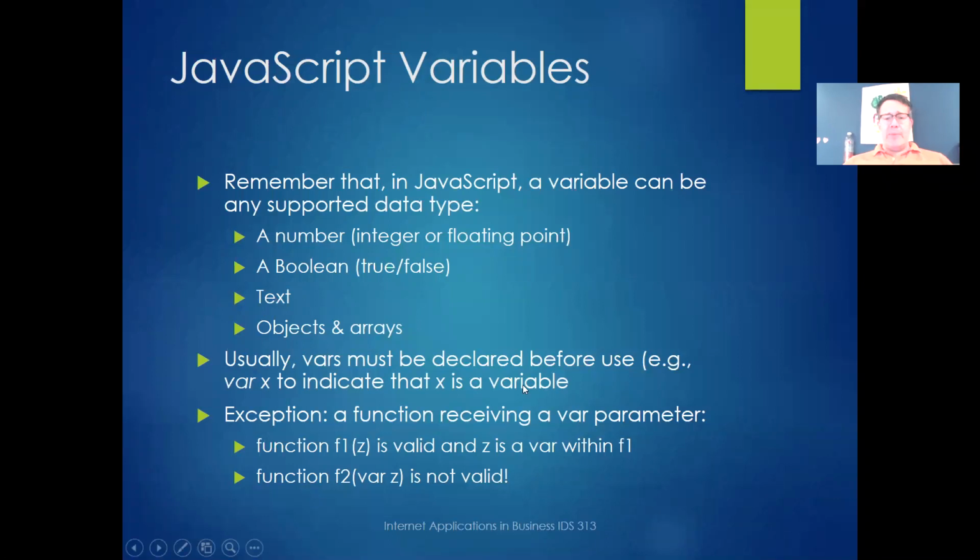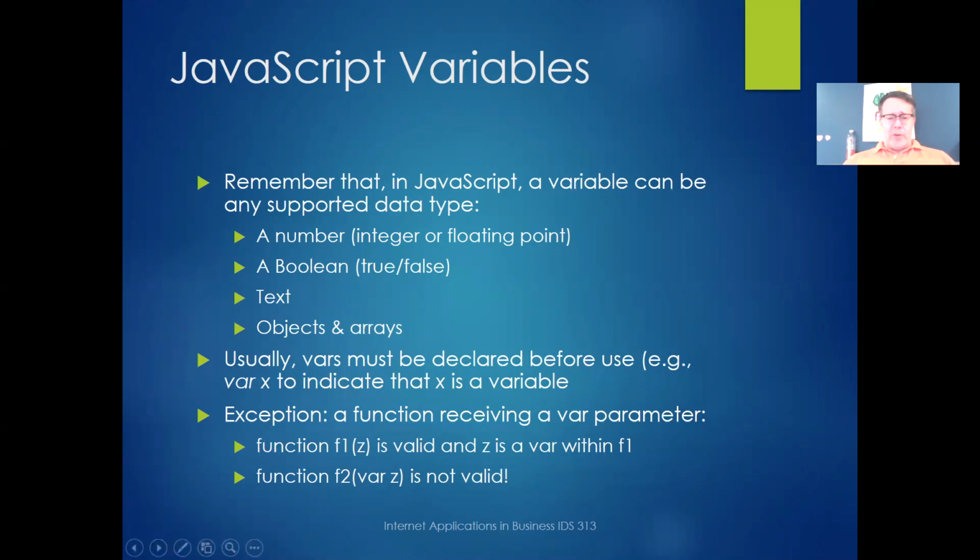Now, usually vars must be declared before they're used, right? So var x indicates that x is a variable. Ta-da. The exception is if a function receives a parameter. So you may recall from Java, or those of you that are taking it now, when you have a method that accepts a parameter, the type is always declared inside the parentheses following the method name.